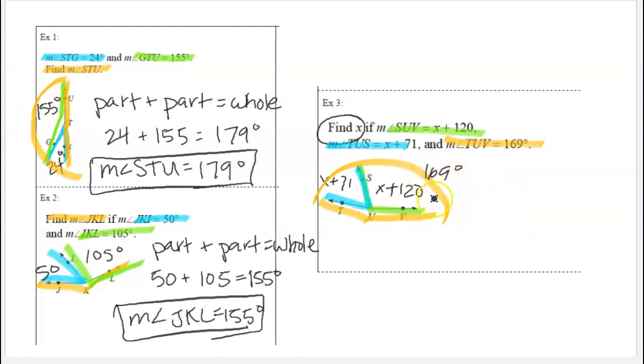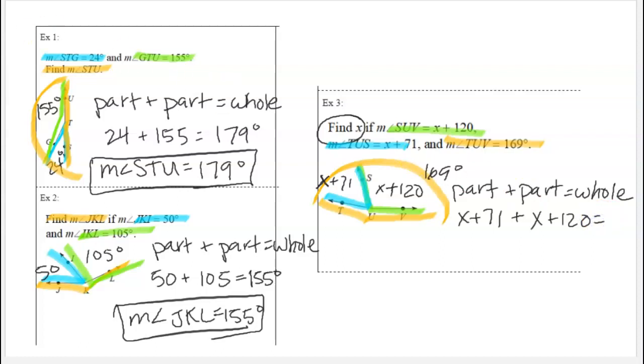All right, I still want to set up part plus part equals whole. However, this time I have some algebra to use. So my first part is x plus 71. I have that in blue here, plus my second part, which is x plus 120.